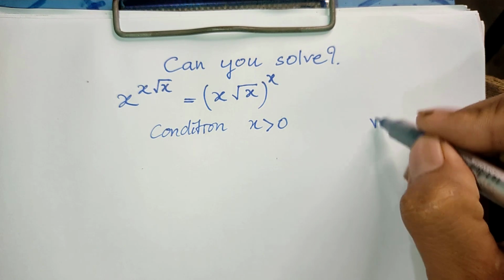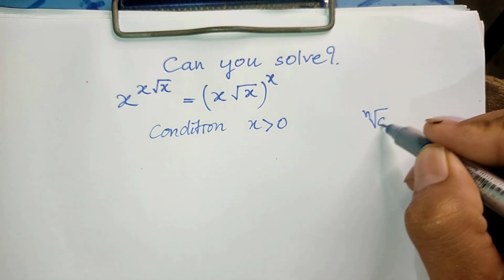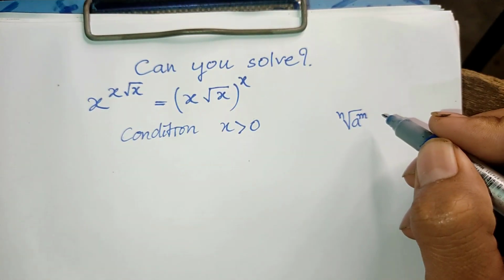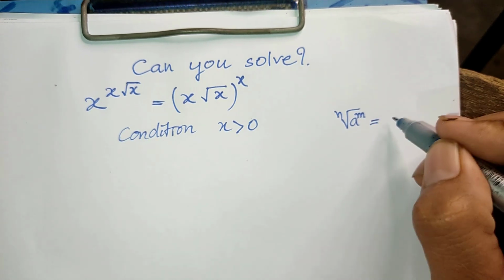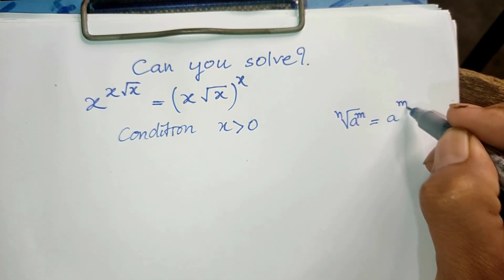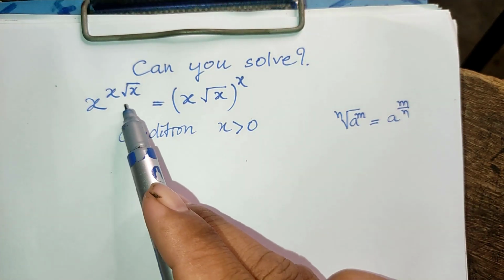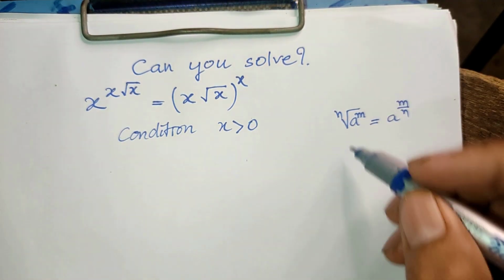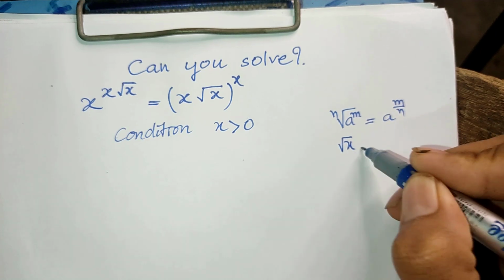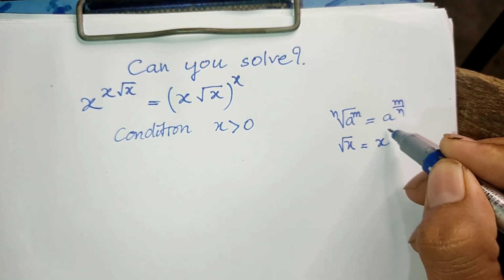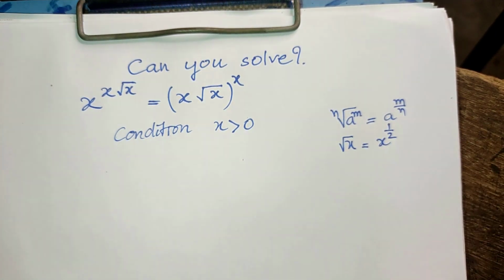the n-th root of a power m, we can also write as a power m divided by n, and so I can also write square root of h is equal to h power 1 divided by 2.